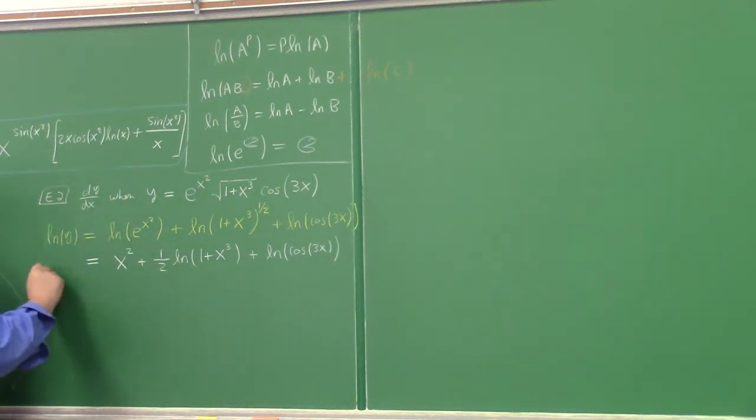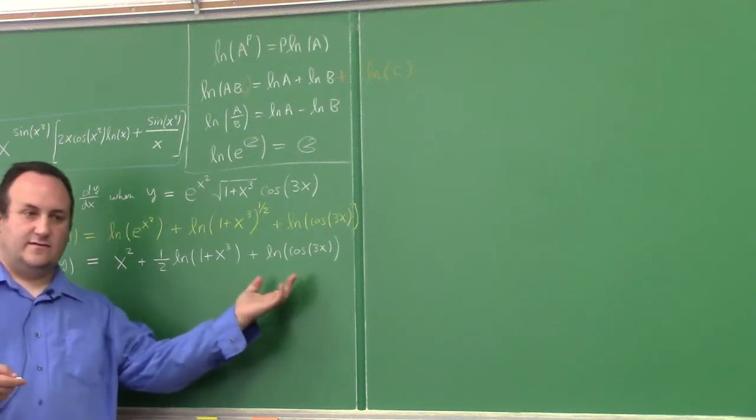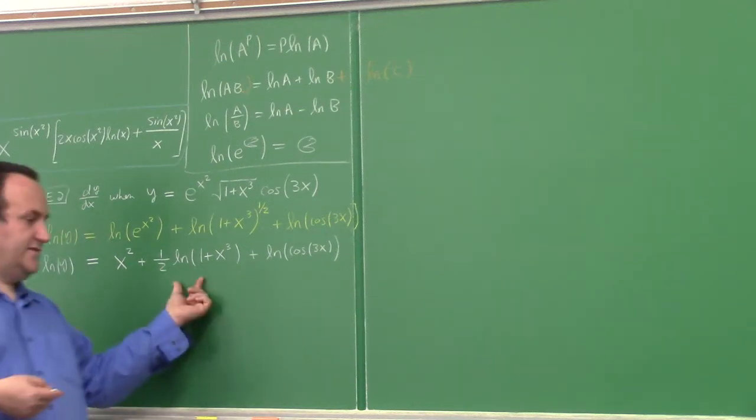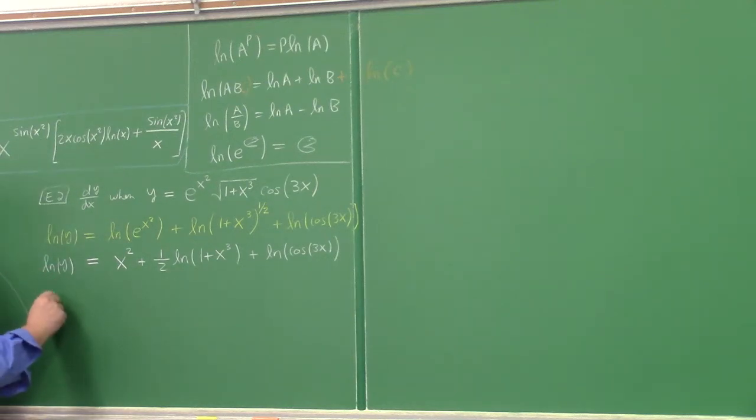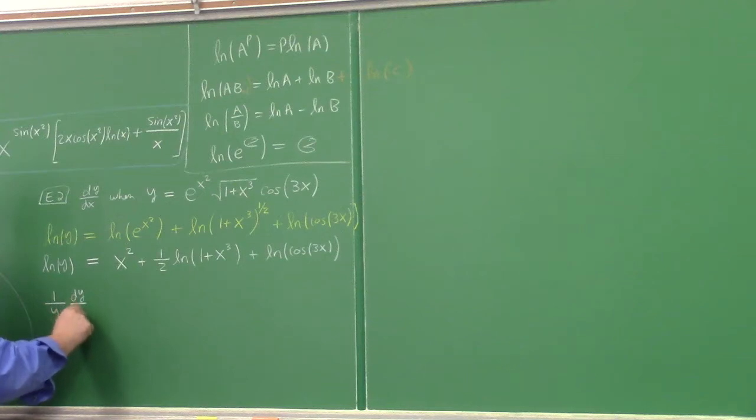But this is very nice because now we can differentiate the logarithm of y, right? And the advantage there is that when we differentiate a sum, we just differentiate each piece that's being added separately, right? And so 1 over y, dy/dx on the left-hand side, because chain rule, right?